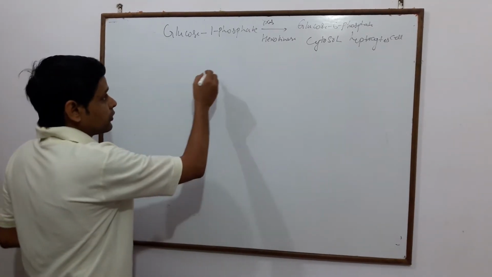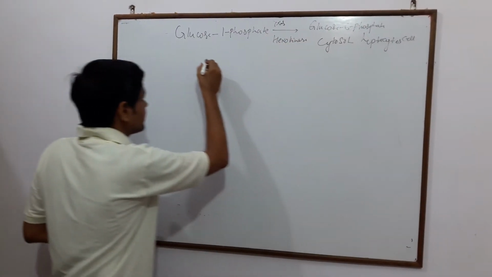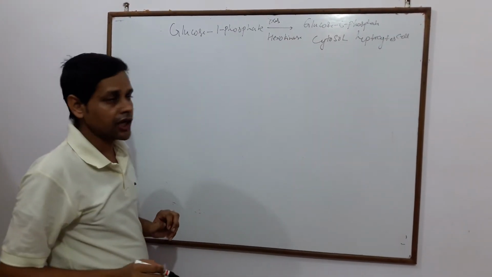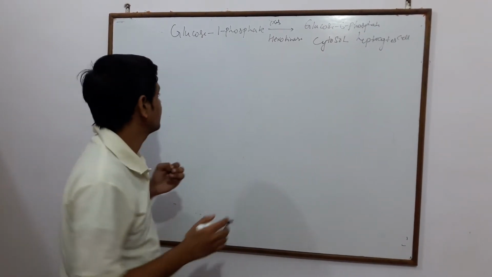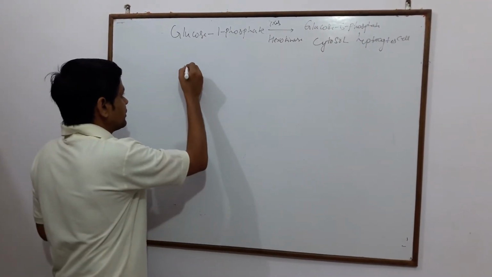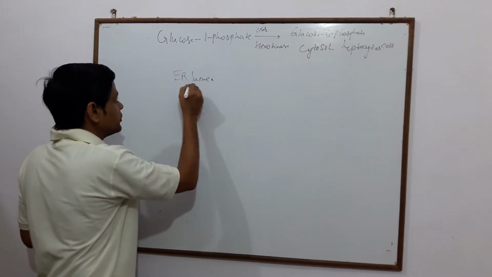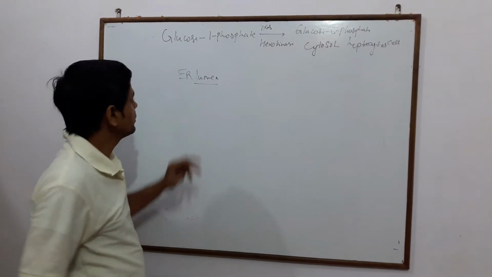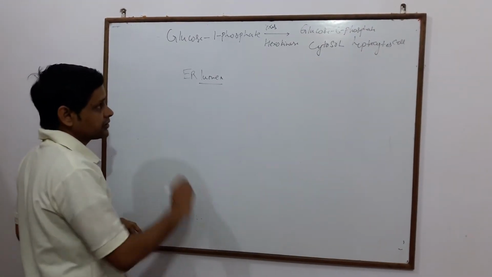First of all, glucose 6-phosphate, which is formed from glucose 1-phosphate, passes to the ER lumen, which is available in the hepatocyte cell. The lumen is the space of the ER.